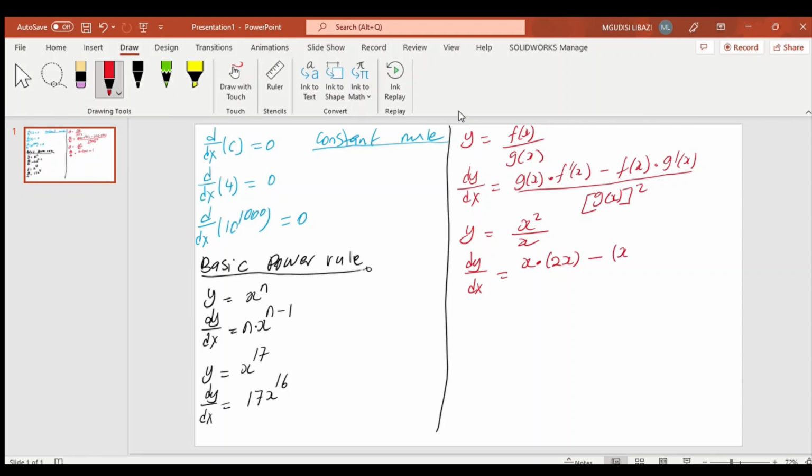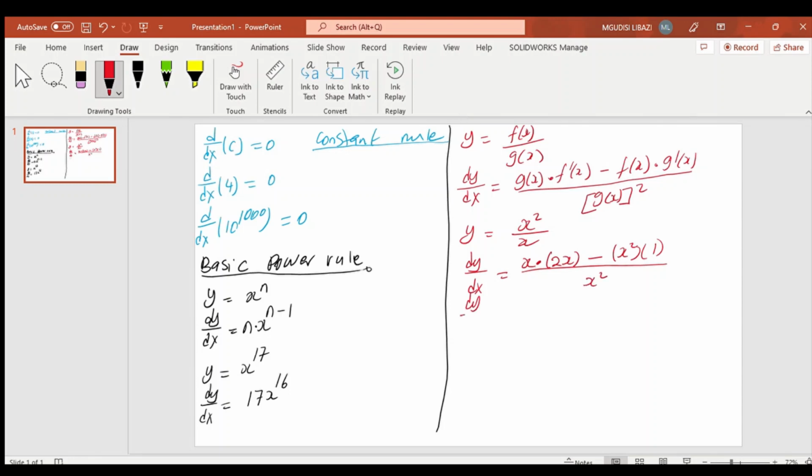Now we take x squared as it is, but we multiply by the derivative of the function which we did not derive at first, which is the derivative of x, which is simply 1. Then we square the denominator, we get x squared.